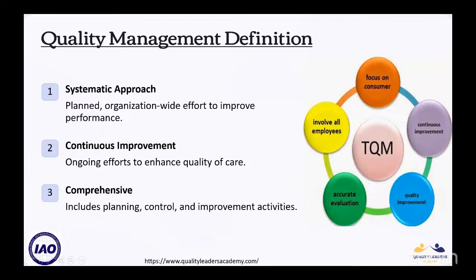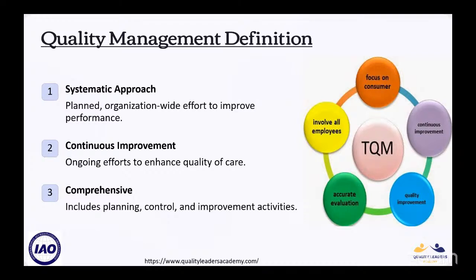Okay, now let's talk about quality management as a discipline. Here we are going to talk about the definition of quality management. What does it say? It's a systematic approach. It's a planned organization-wide effort to improve performance. Quality management is not random. It's not heroic individual efforts. It's not luck at all.